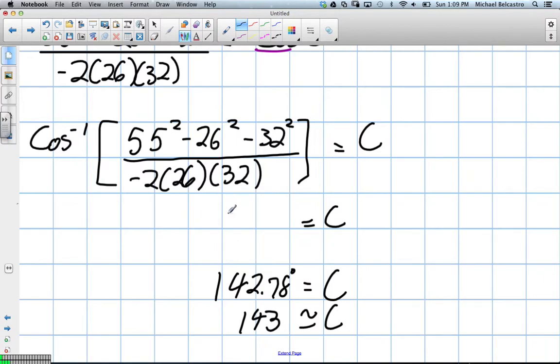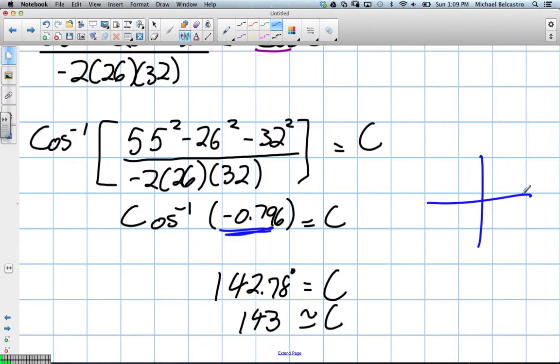Now, I skipped a step here because I do want to show you something. Let's say I just equated everything but didn't put it to the inverse yet. I would have ended up with negative 0.796. I just wanted to point out that because we got a negative value here, if you think of the CAST system, if we're using cos of a negative value, that means we can't be in quadrant 1.